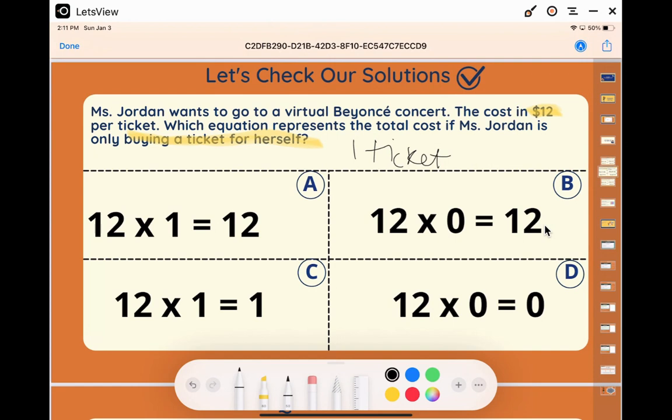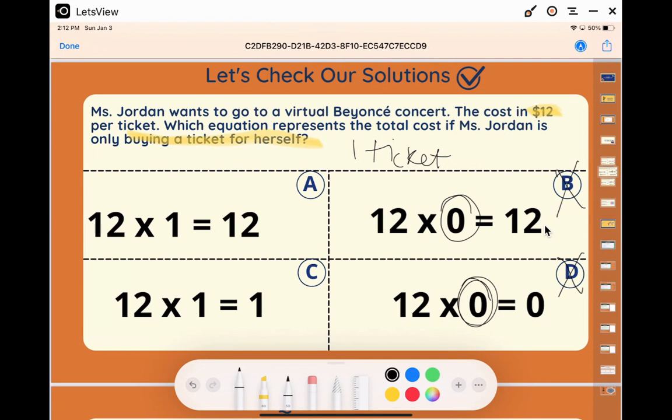Miss Jordan is buying one ticket, so we can eliminate answer choices B and D, because they represent the number 0 as the number of tickets that Miss Jordan is buying. So let's take a look at A and C. Miss Jordan is buying one ticket and the ticket costs $12.